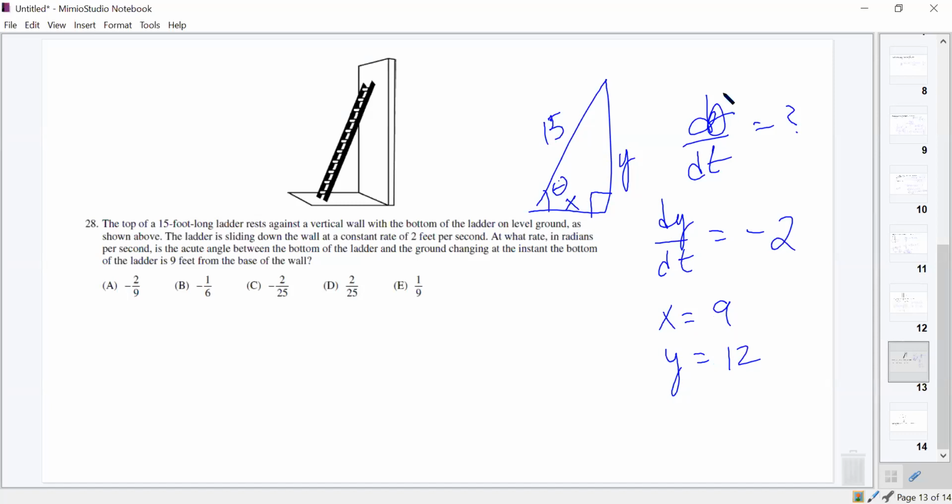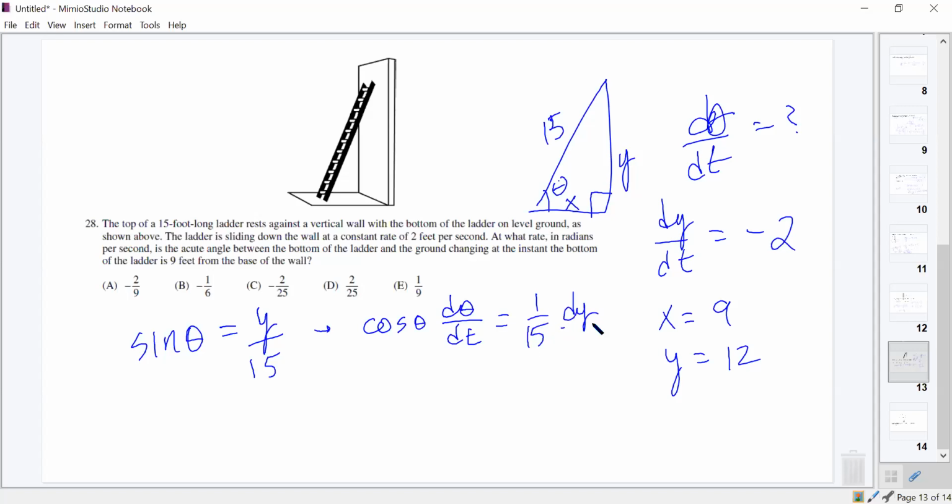And if we want to figure out what d theta dt is, we need to write an equation to relate theta with y, with probably that 15, that'd be the easiest. So that would be the sine of theta is equal to y over 15. I take the derivative with respect to t of both sides of that. I get cosine theta d theta dt equals 1/15 dy dt. We have dy dt, so we've now got -2/15 over here.